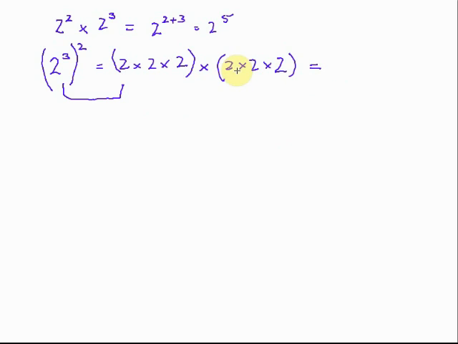So what do we have? That is equal to 2 to what power? Well, we've got how many occurrences of 2? 1, 2, 3, 4, 5, 6. That's 2 to the power of 6. 2 cubed all squared is equal to 2 to the power of 3 times 2.